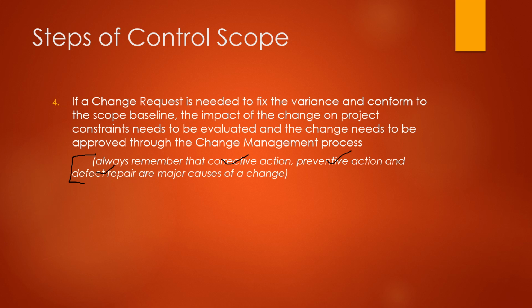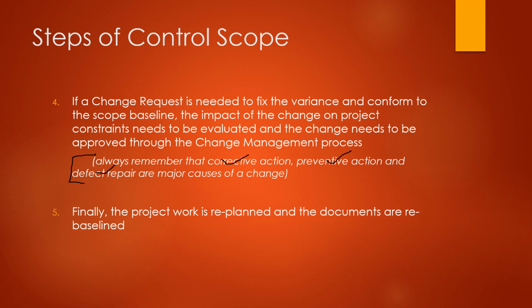So to introduce that change, the impact of the change on project constraints needs to be evaluated, and the change needs to be approved through the change management process, which we just talked about. So this is the whole step four. You get the change assessed, and then after that you get the change approved from the change control board. And finally, the last step is that the project work is replanned and documents are rebaselined.